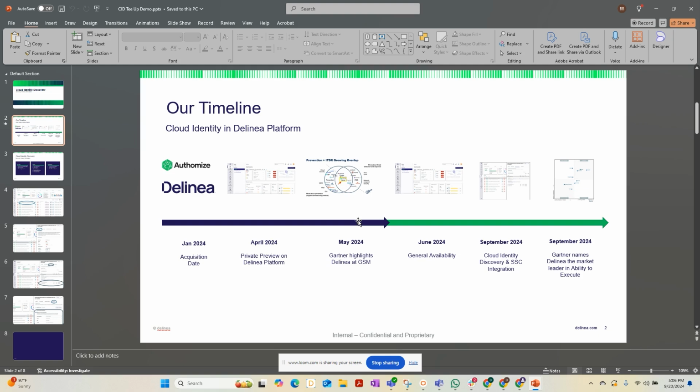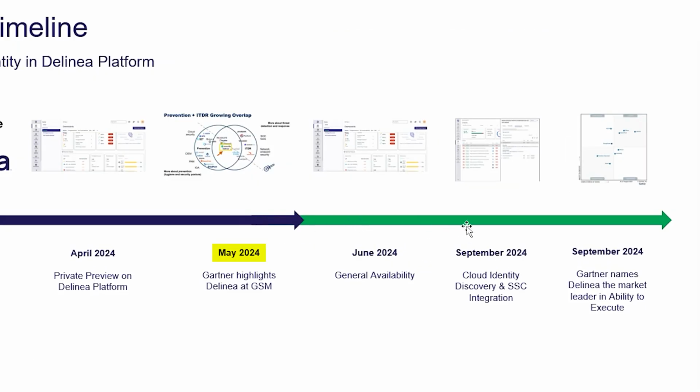What this is doing, and we're at the May, June, September timeframe right now, is that eventually, we're detecting all the identities right now, but we're going to be able to vault them or even detect whether they have MFA enabled or not. So these are things that we're enabling within our platform, so you'll be able to detect that.